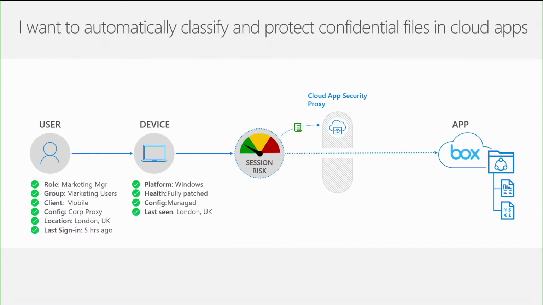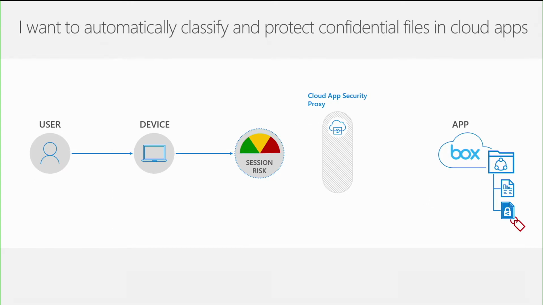Let's say the user is uploading a HIPAA-sensitive or regulation-sensitive file, and it goes to the cloud application, so no issues here. But Cloud App Security, through policy, will scan all the files in Box, classify the sensitive information identified by the classification engine, and then automatically apply labels. You see this file is protected now.